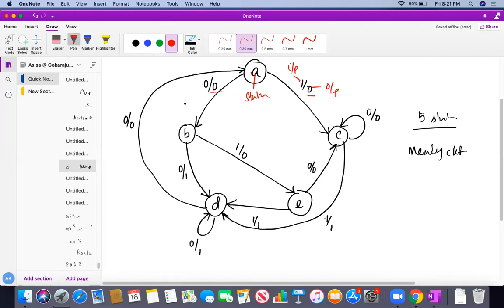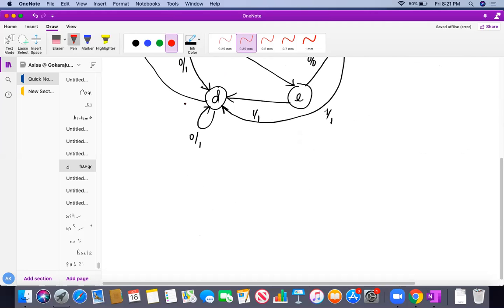This is the way you need to analyze this state diagram. Next, the first step is to obtain the state table from the given state diagram. In the state table, mainly there would be the present state.